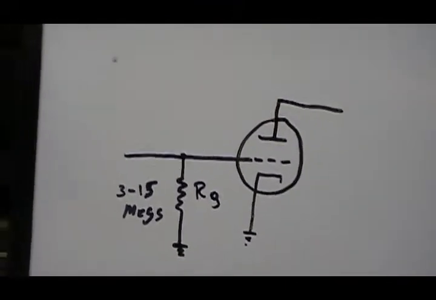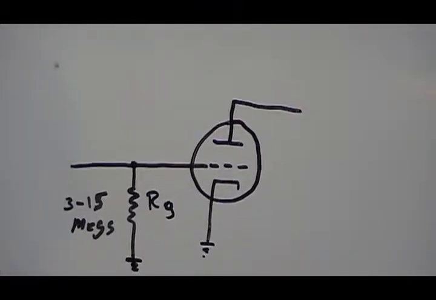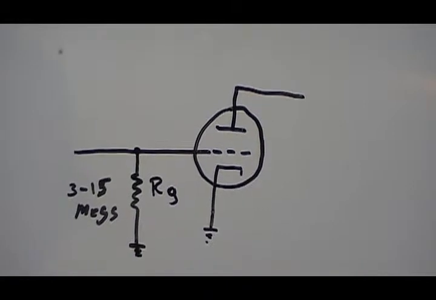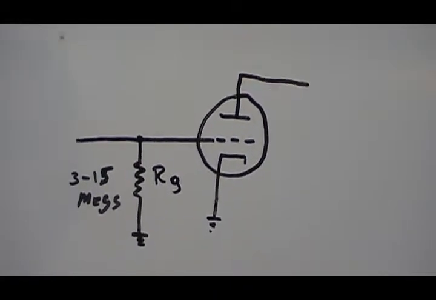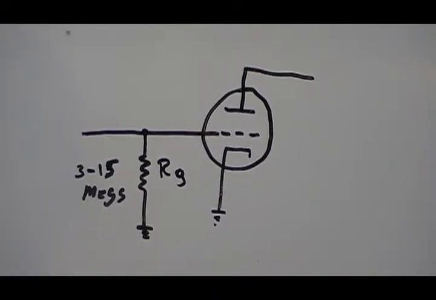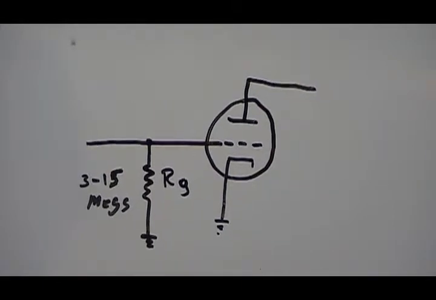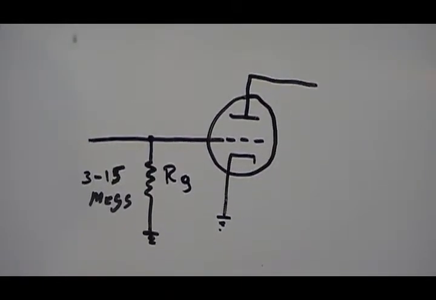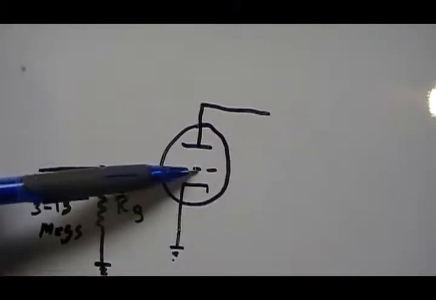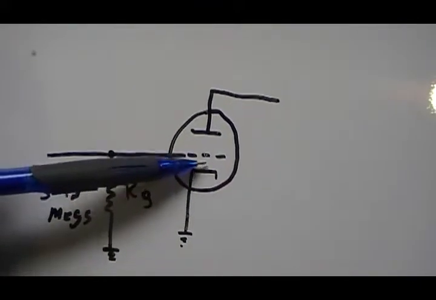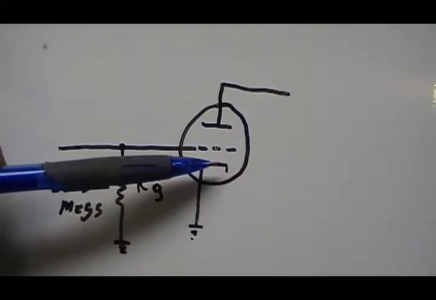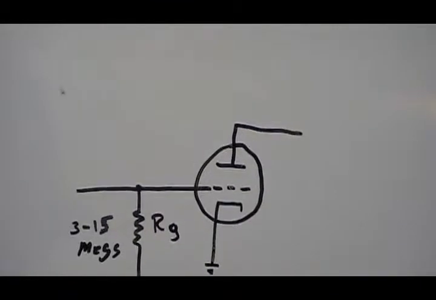In these tubes that use contact bias, generally actually you can use contact bias with about any tube, but there are certain tubes that are specially designed for it, like the 6SQ7. And what they do is they actually move the grid fairly close to the cathode, closer than normal.